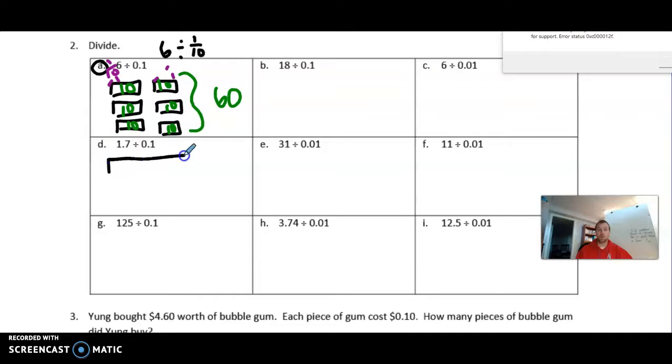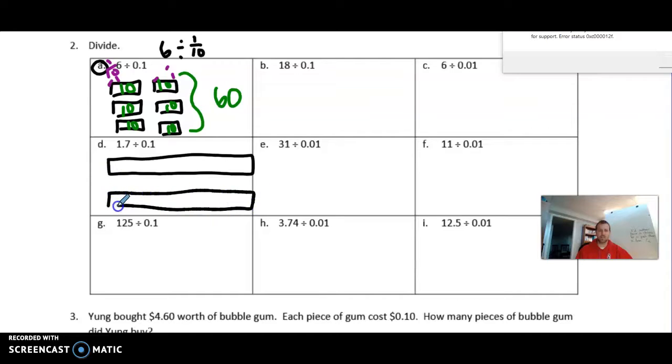That means I need one whole, and then I'm going to need another one, even though I'm not going to use the entire thing. I'm only going to use 7/10 of it. I'm going to label it 1 whole, and decompose it into tenths. As we remember, 0.1 as a decimal is the same as 1/10 as a fraction. So we're going to cut it up into 10 pieces.